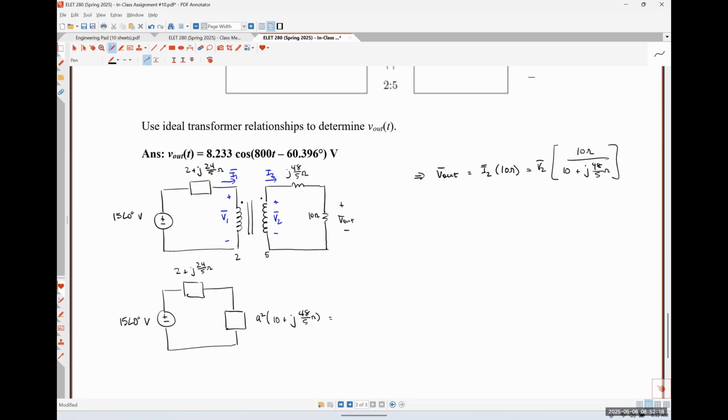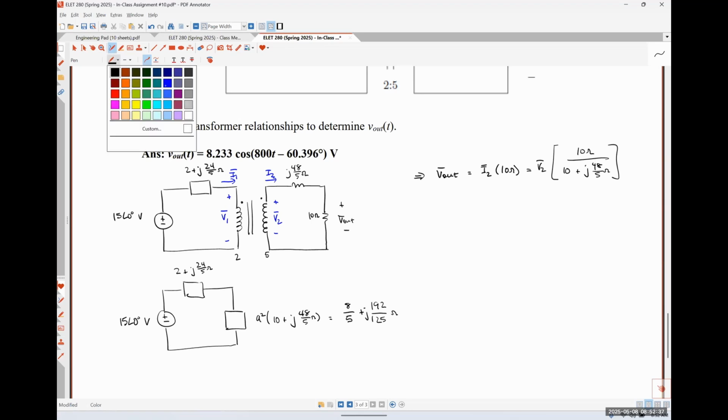Converting that into rectangular form, I get 8 over 5 plus j192 over 125 ohms. Sorry, that should be a j there. This guy is V1, this guy is I1.